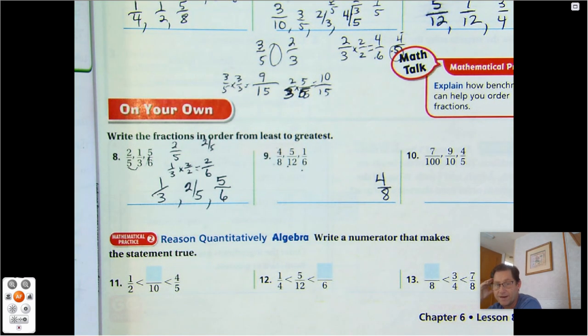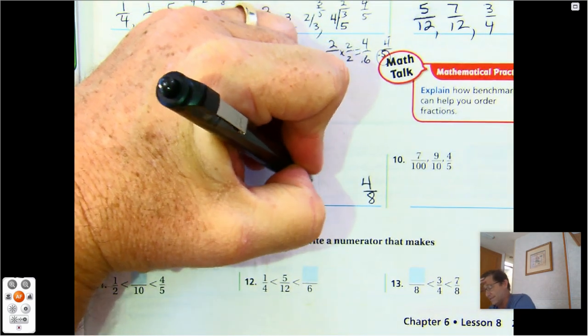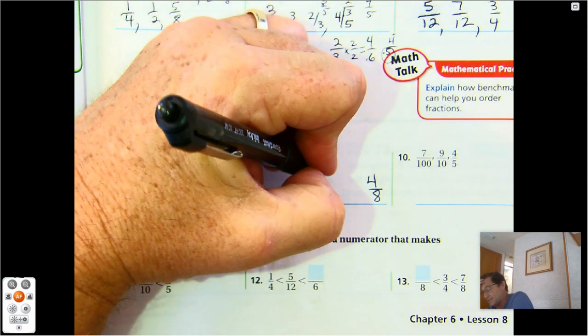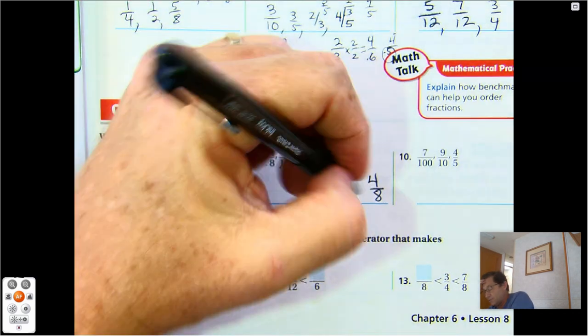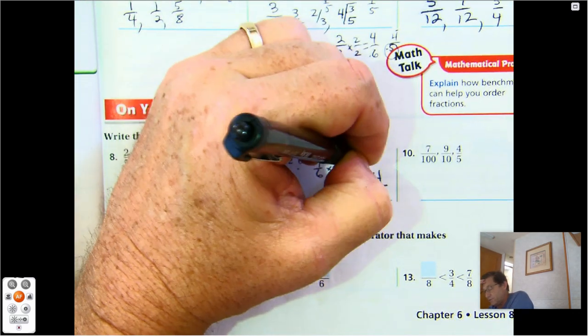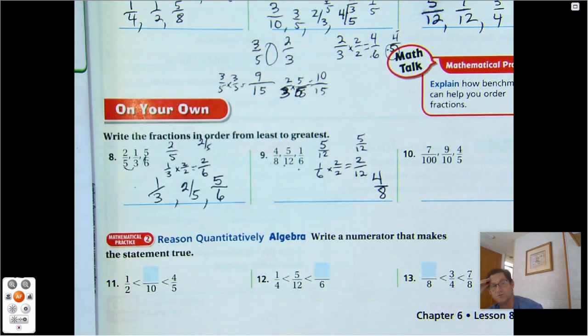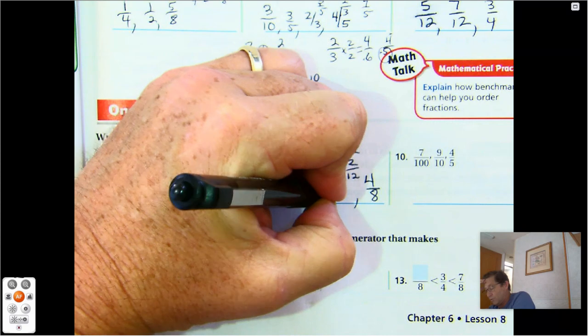And so now we have 5/12 and 1/6. Well, let's make the sixth into 12ths. 6 times 2 is 12. 2 times 1 is 2. So we're comparing 5/12 and 2/12. 5/12 is bigger. So our smallest fraction is 1/6.